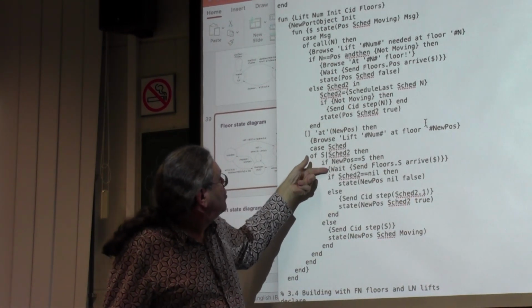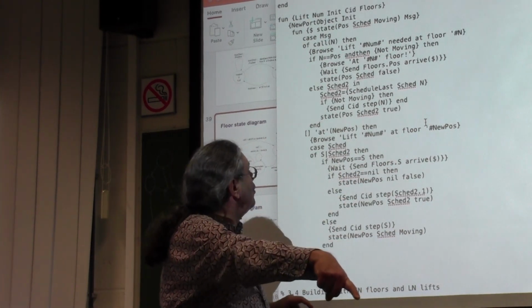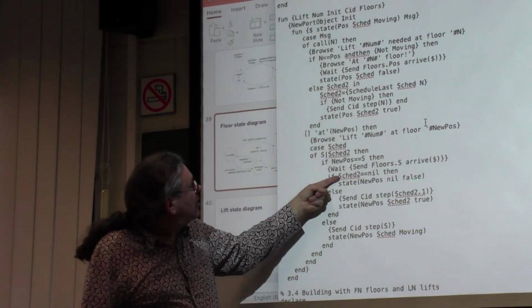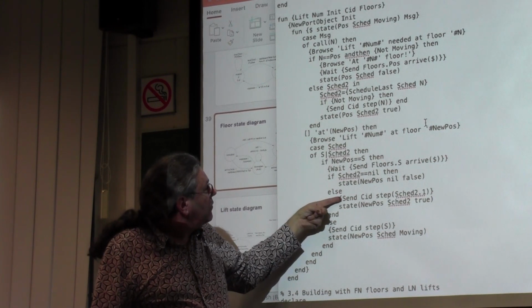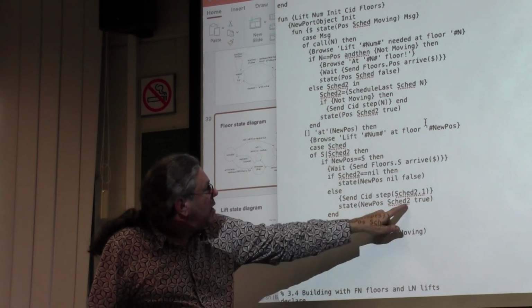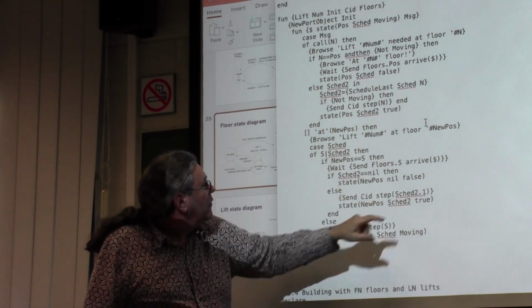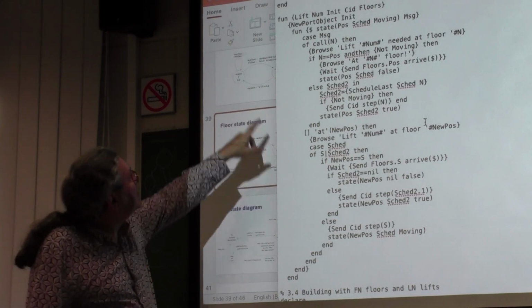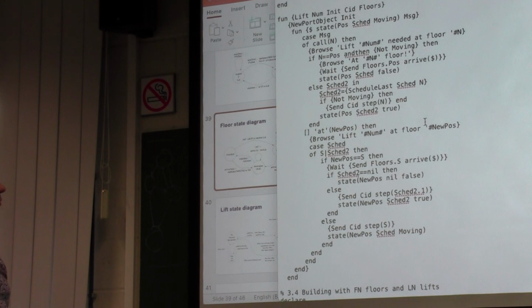This should actually be two lines. So I send arrive to the floor, and then I wait. And if schedule 2 is nil, then I go back to an idle state. Otherwise, I'm still in a moving state. The new schedule is schedule 2. So this is actually not so much code, even though the state diagram looks a little bit more complicated.